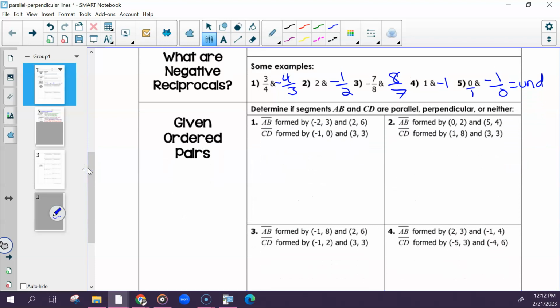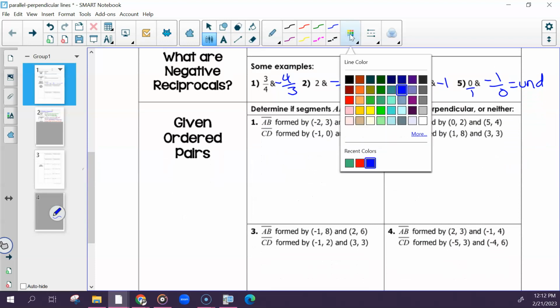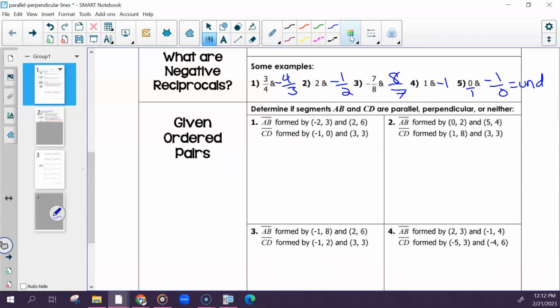Okay, so let's do this first example and be done with today. So we have to determine, are these sets of lines or ordered pairs parallel, perpendicular, or neither? How would we find that from the ordered pairs? What would we need to do first? Find the slope.